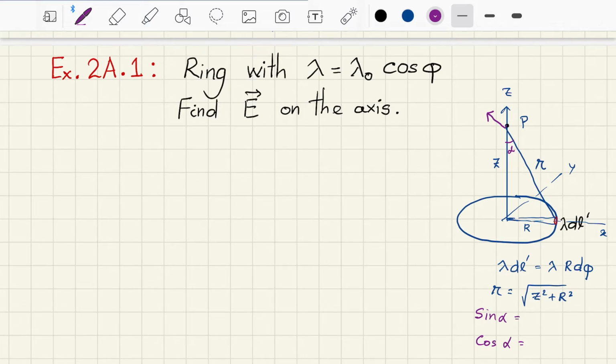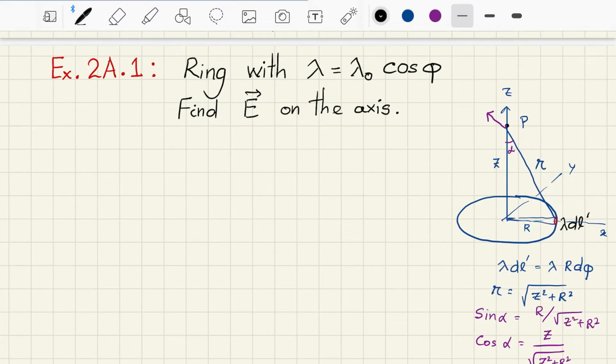Cos alpha would be z by root over z square plus r square, and sine alpha would be r by root over z square plus r square. So all the quantities that I really need from my diagram are right here.